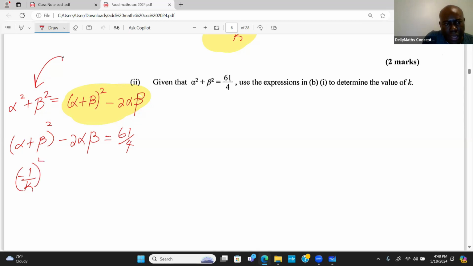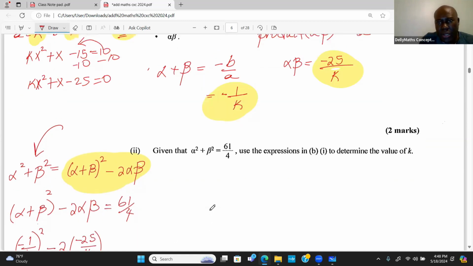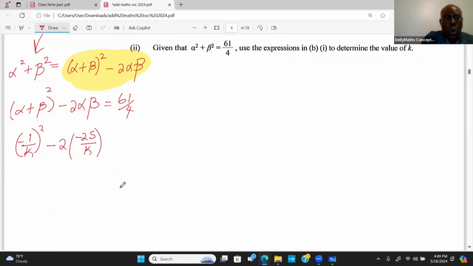We're supposed to square that, minus 2 times the product. And the product was, if I put it in a bracket, negative 25 over k. Here is the sum, and that's the product right there. This is equal to 61 over 4.